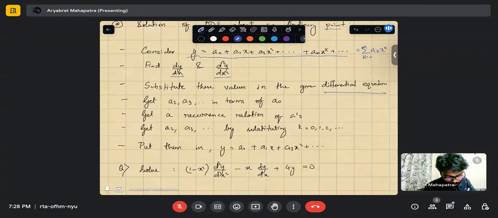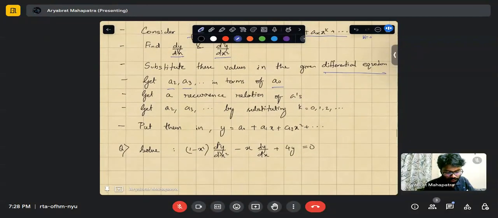By comparing the coefficients you can calculate what a2, a3, and so on are in terms of a naught, and further you will get a recurrence relation, an expression for ak.